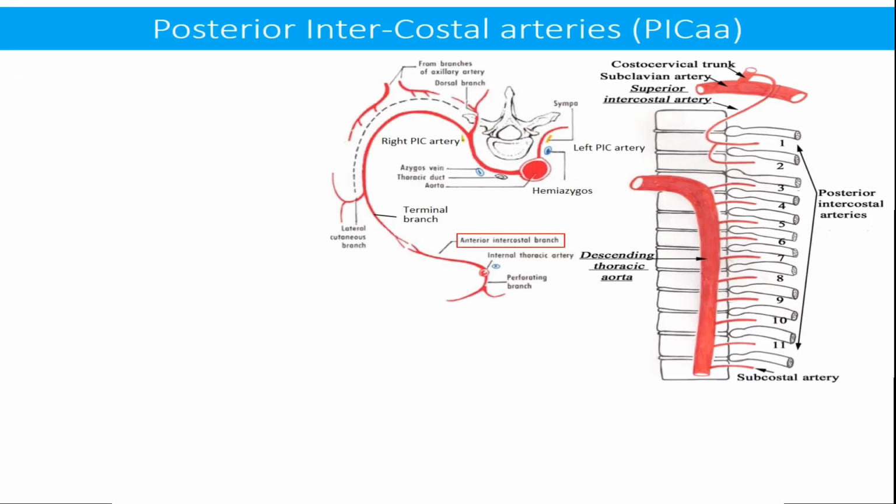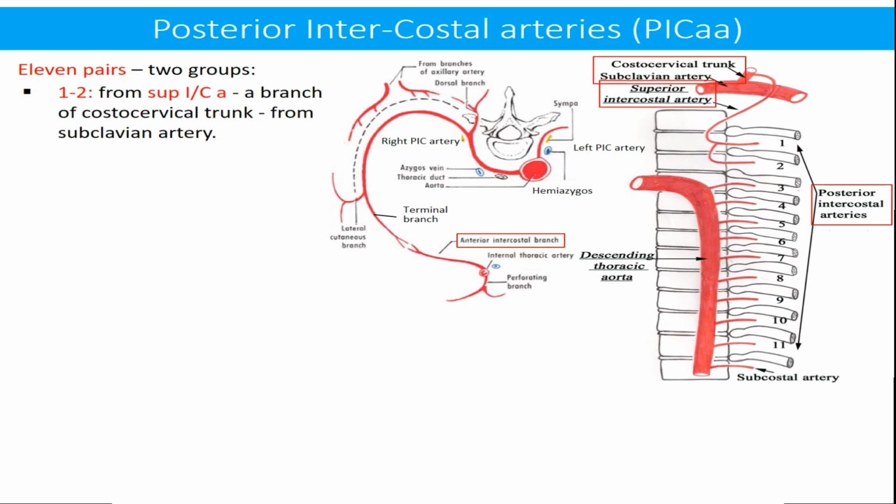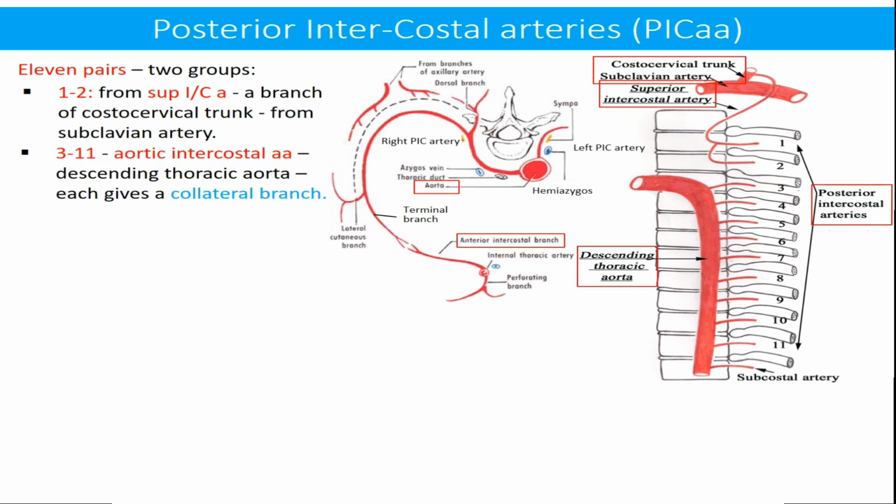We start with the posterior intercostal arteries. There are 11 pairs which are divided into two groups as regards their origin. First and second posterior intercostal arteries originate from superior intercostal artery, a branch of costocervical trunk which itself originates from the subclavian artery.